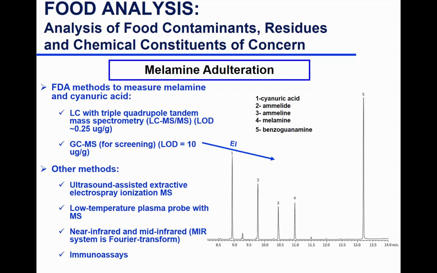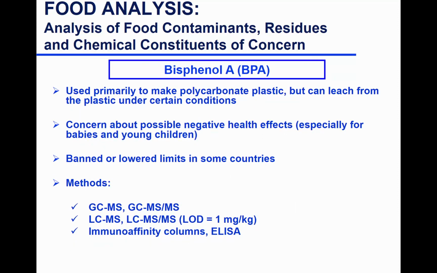And GC-MS, limit of detection is 10 micrograms per gram. Other methods: electrospray ionization MS, that is direct, you don't have to do a chromatographic separation. Near infrared, immunoassays.